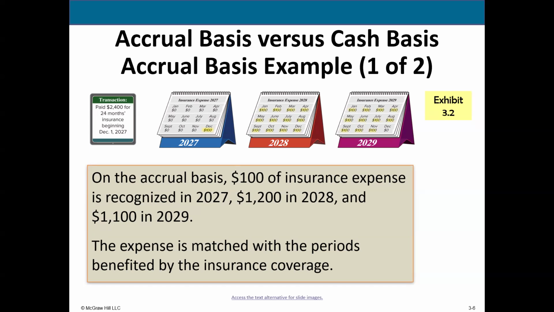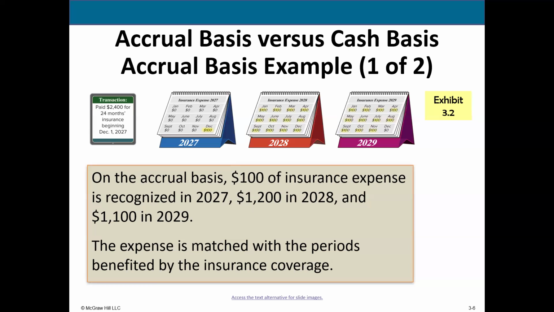Some businesses, depending on the policy, might be 2 years, might be 3 years, whatever the policy is that you sign. So here we have an example where the company has a 24-month or 2-year policy that begins December 1st, 2027. So it's beginning at the last month of the year.